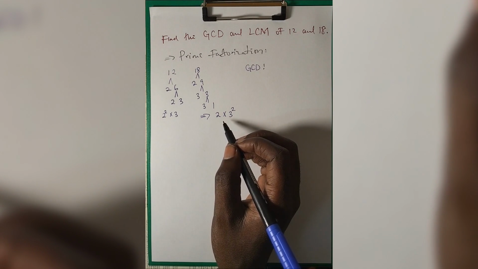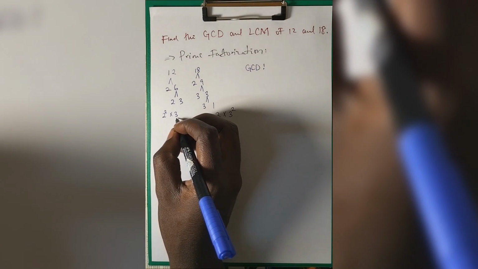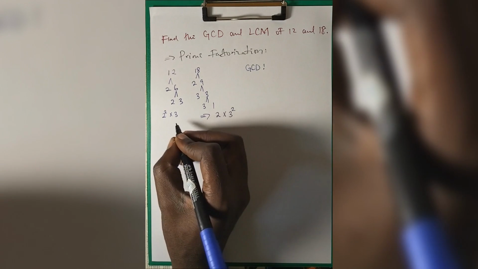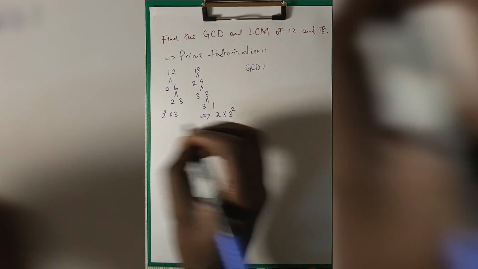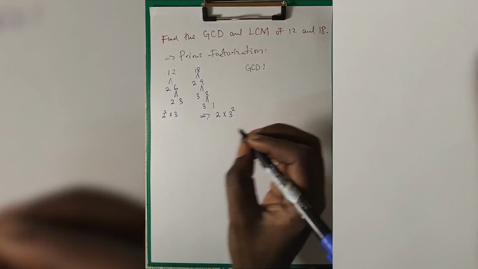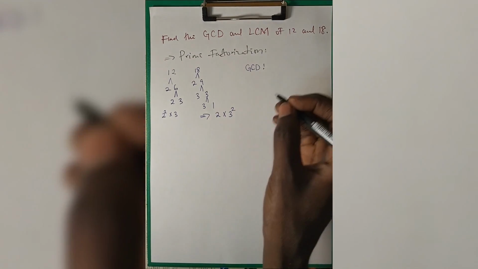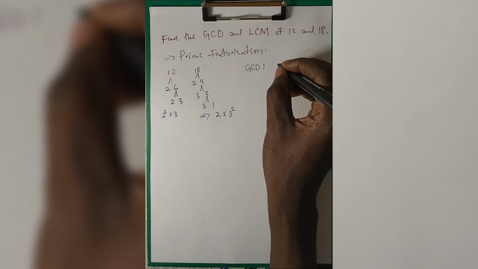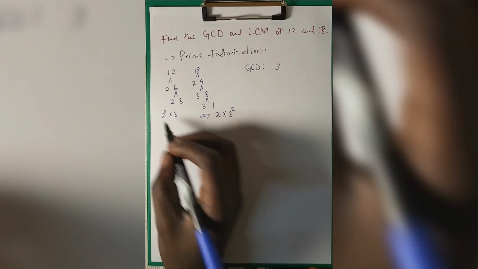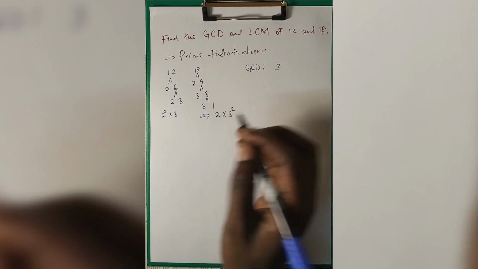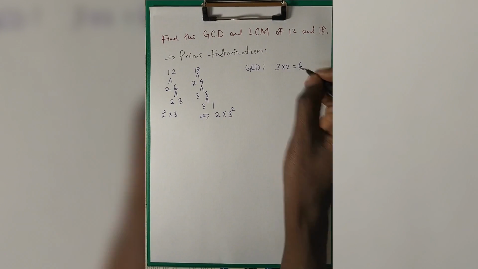For the GCD, we'll take the 3s with the lowest power, which is 3 to the power 1. And for 2, we'll take the one with the lowest power. So the GCD will be 2 times 3, which is 6.